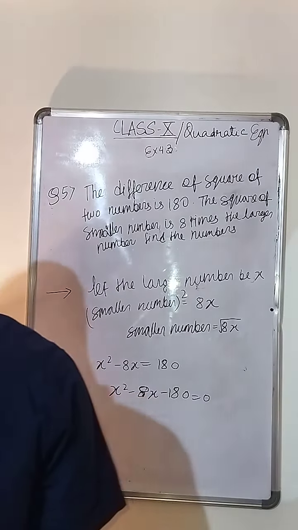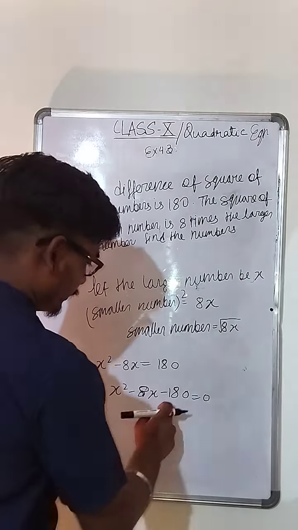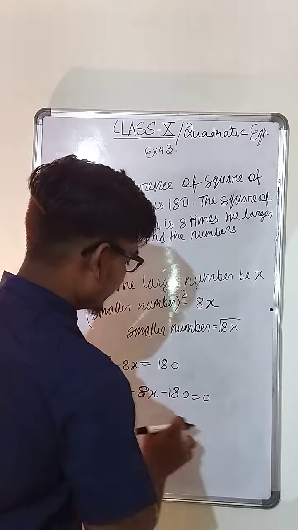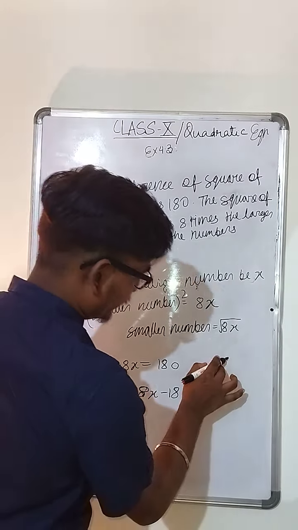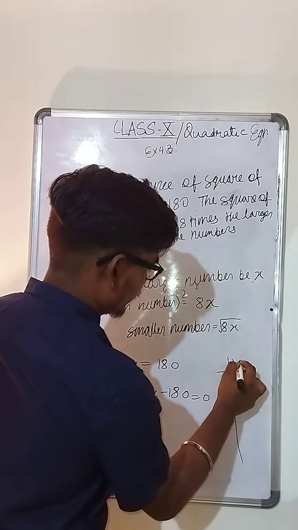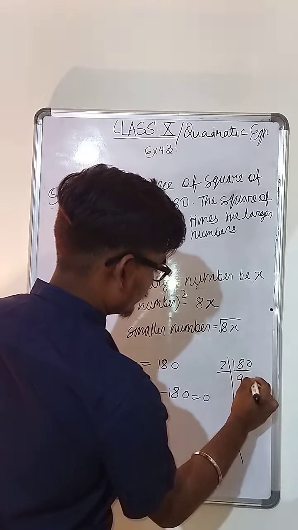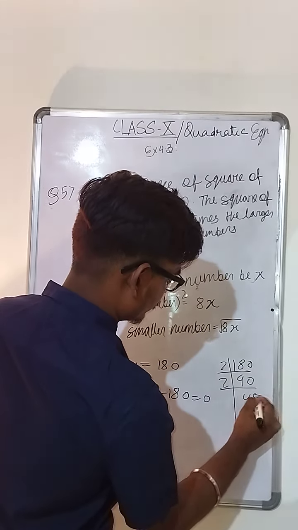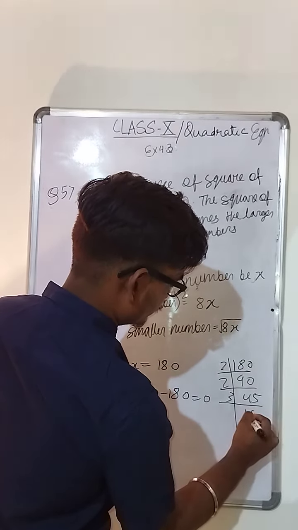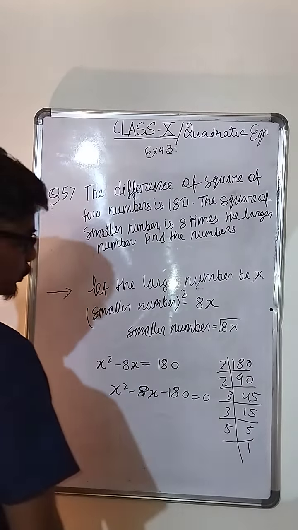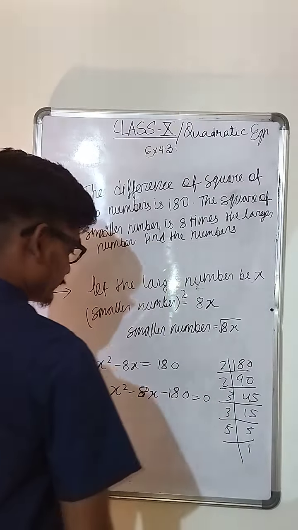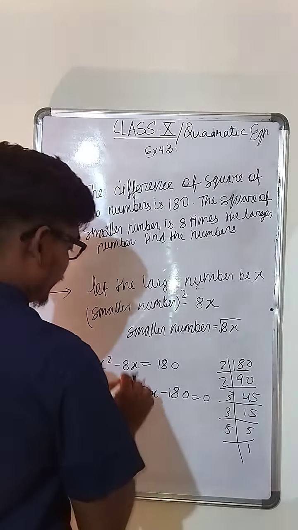Okay, so now let's simplify it by using the factorization method. 12 and 15, but it will not come to 8.